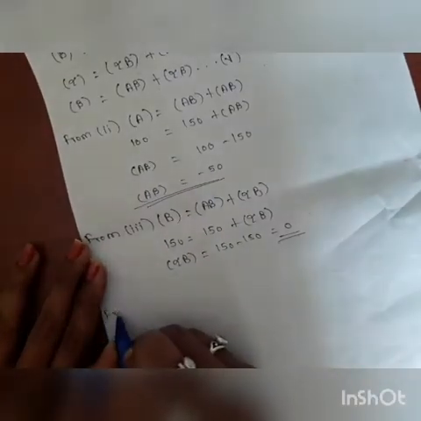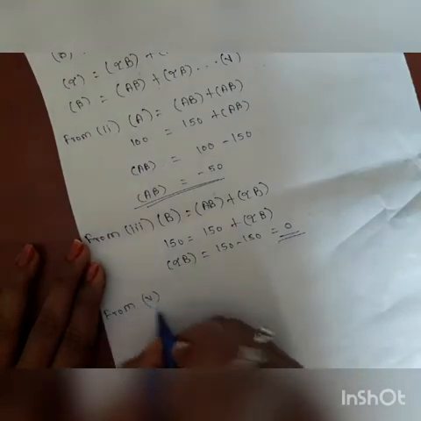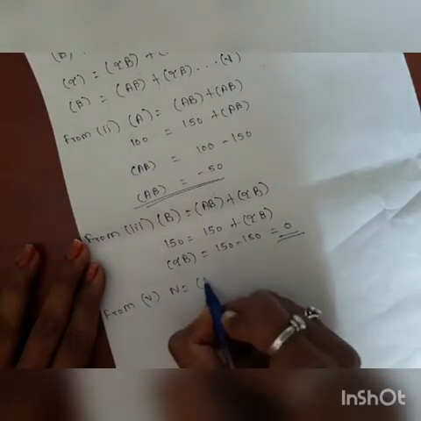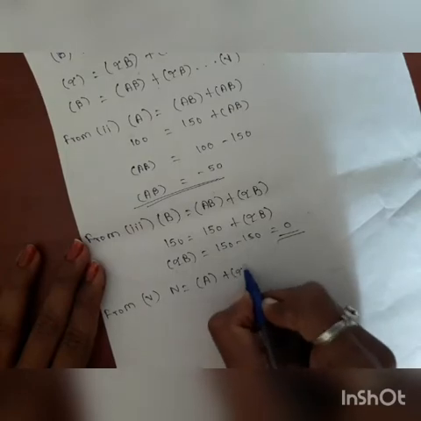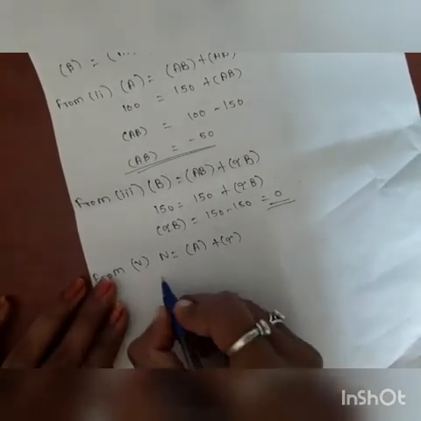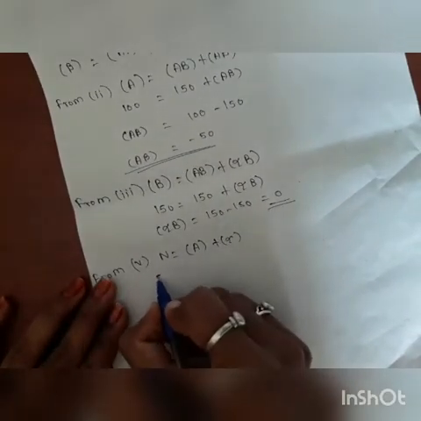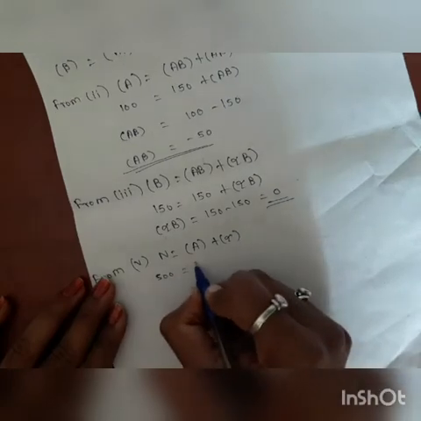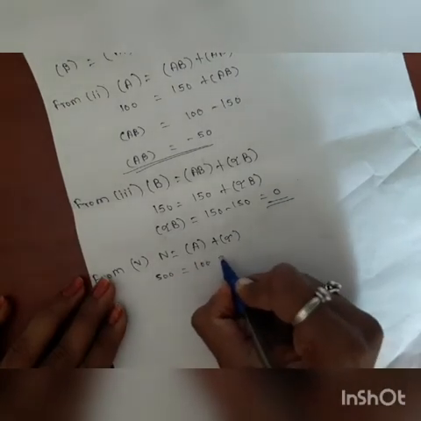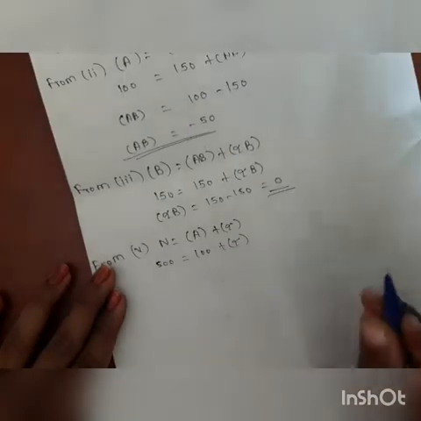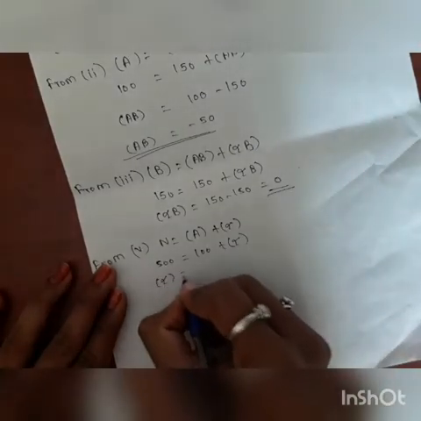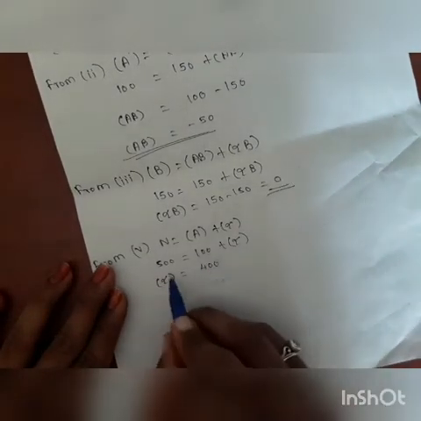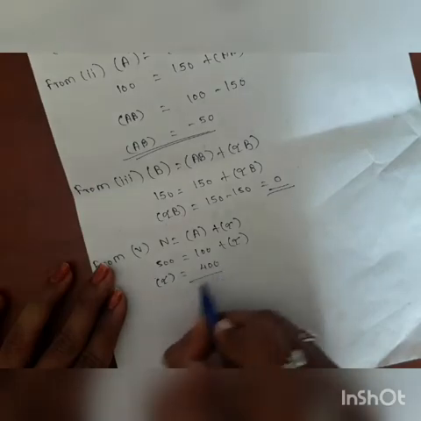And capital N is equal to (A) plus (α). The value of capital N is 500, which is equal to (A) is 100 plus (α). Then (α) is 400, that is 500 minus 100 is 400.